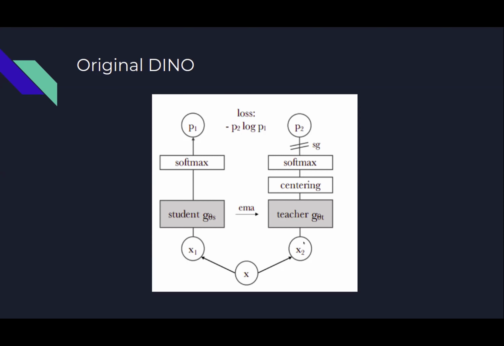They pass the high resolutions through the teacher, do some centering and softmax, and then they'll pass the low resolution through the student, and they'll try and match output logits that went through a softmax layer using a cross entropy loss. Now, another feature of Dino is instead of updating the teacher on the loss, they instead use a momentum update using the student weights. So the student and teacher are going to be the same model.